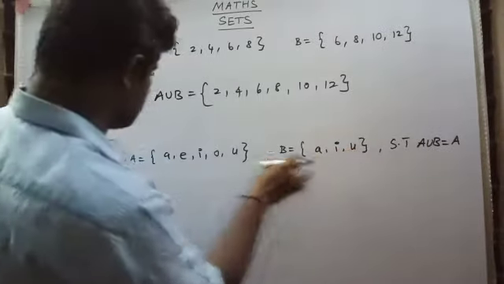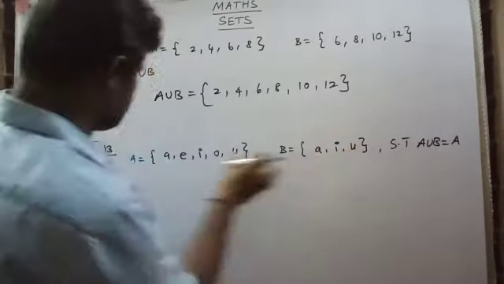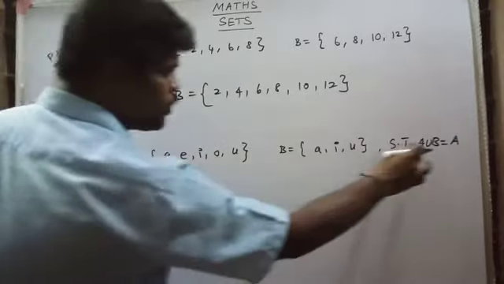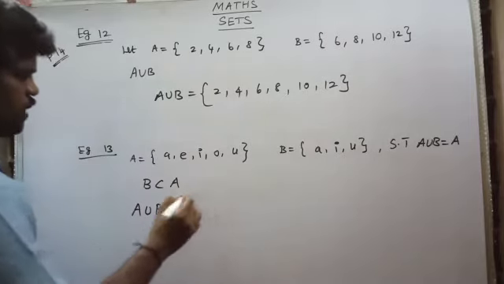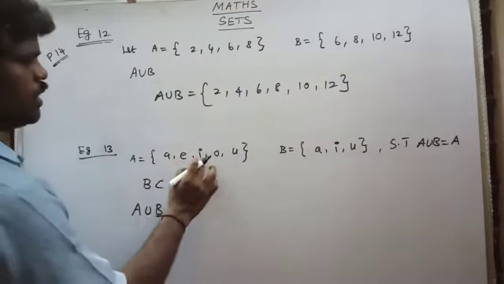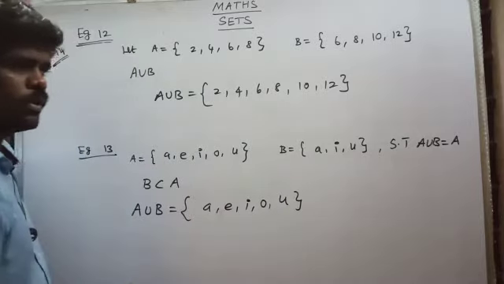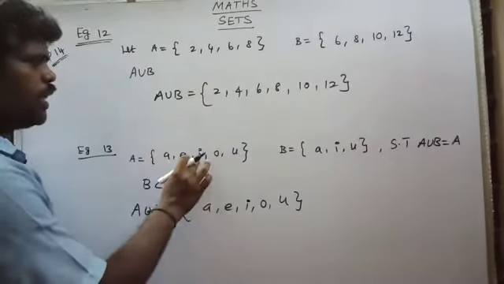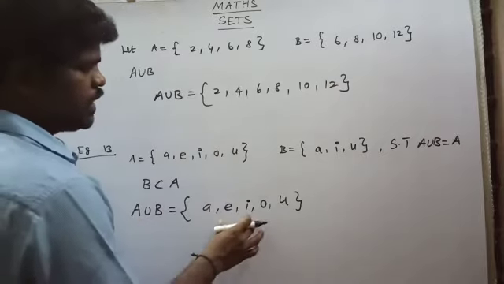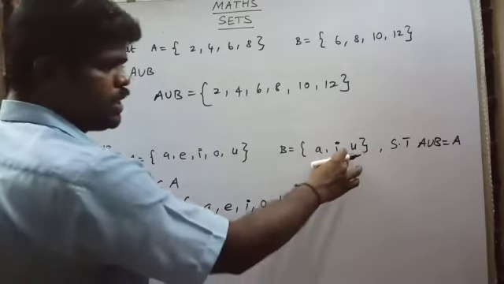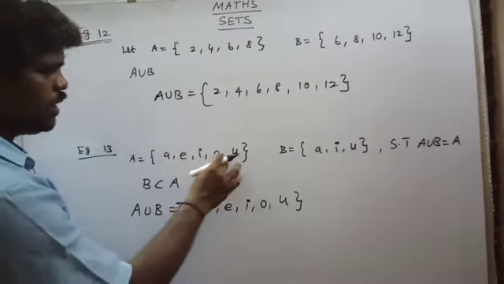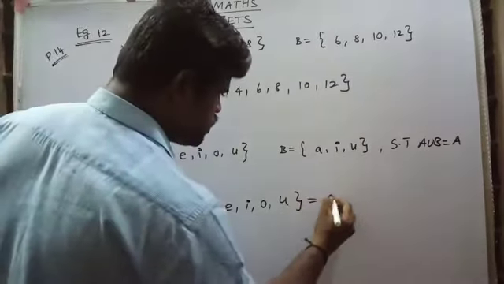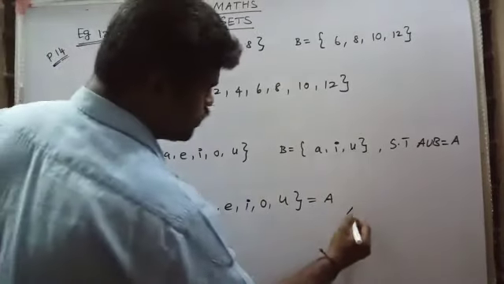In this sum, B is a subset of A. Therefore A union B has the elements of A: a, e, i, o, u. Already a, i, u are there, so the common elements are taken only once in A union B. This set is considered as A, which is equal to A. Hence proved.